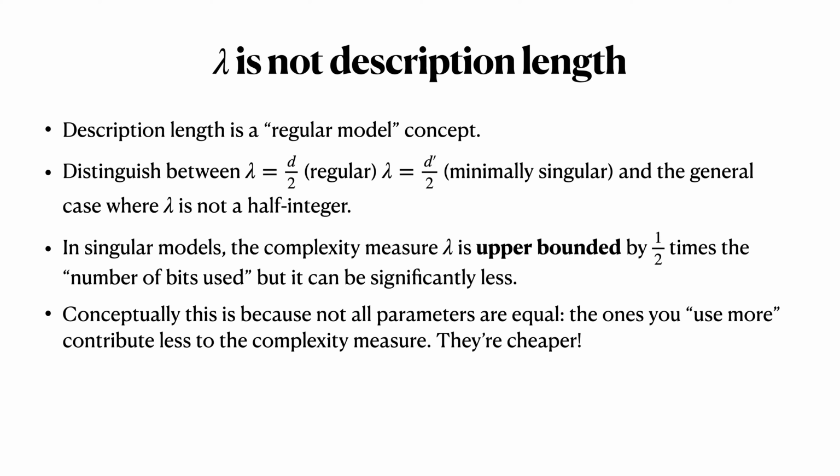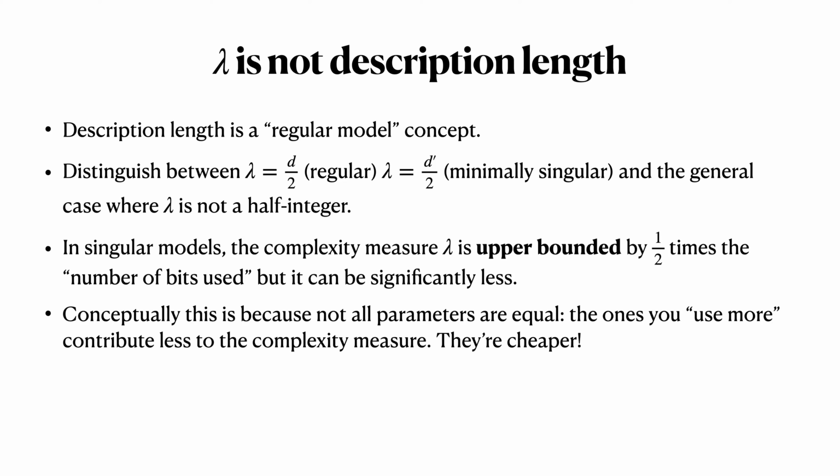The point I want to make is, I think I'm phrasing this badly now that I look at it. The question you might have, seeing the minimally singular case and seeing the regular case, is why do some parameters count for less than others? Some parameters count for a half, others count for significantly less than a half, and what determines the difference conceptually?